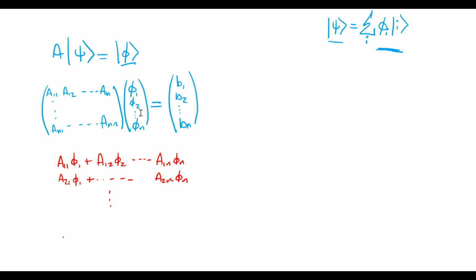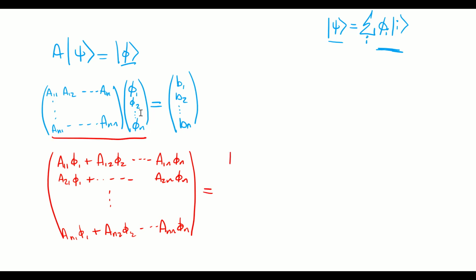This goes all the way down to an1 phi 1 plus an2 phi 2 dot dot dot ann phi n. If we do the multiplication of these two, that's what we get, and we know this is going to be equal to b1, b2, bn.